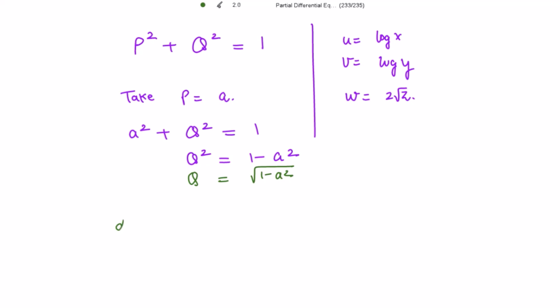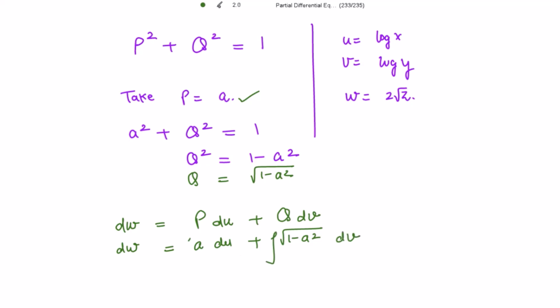And now we are going to apply dw equal to capital P du plus capital Q dv. What is capital P? It is a, the constant, and capital Q is the square root of 1 minus a square, times dv. And when integrating, we get w equal to au plus the square root of 1 minus a square times v. Now putting back all the values of w, u and v. What is w?